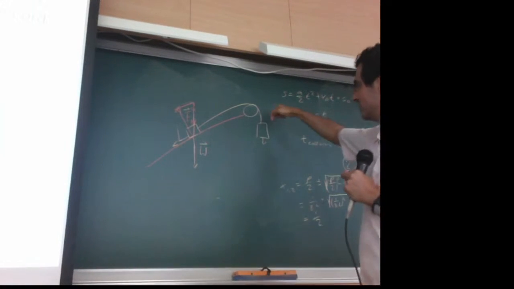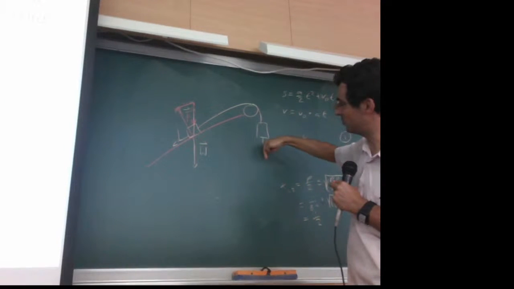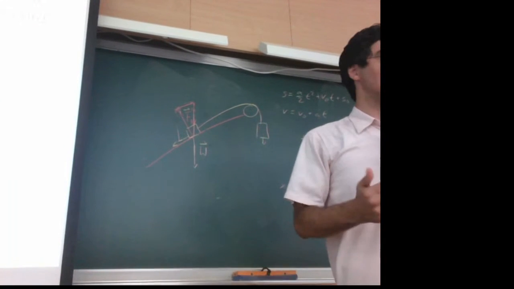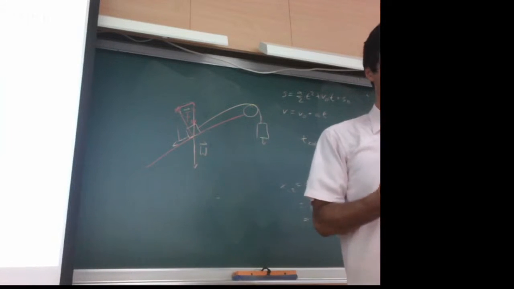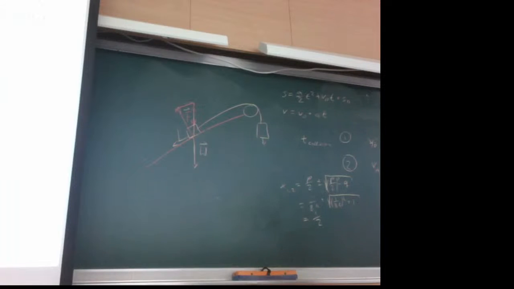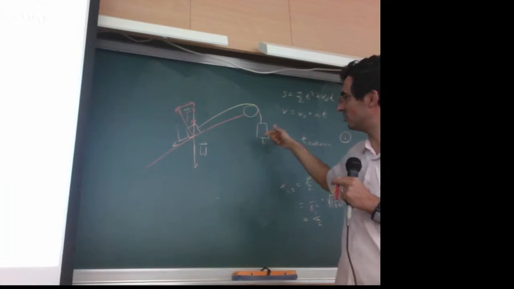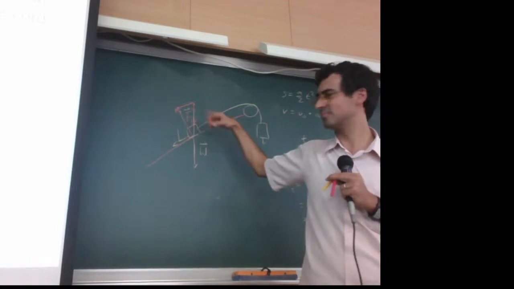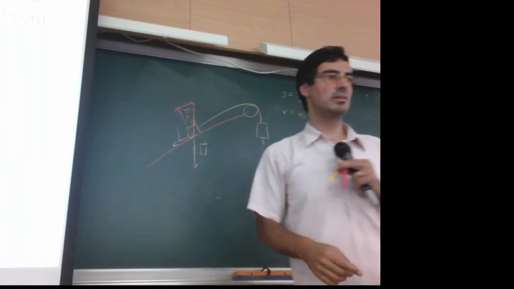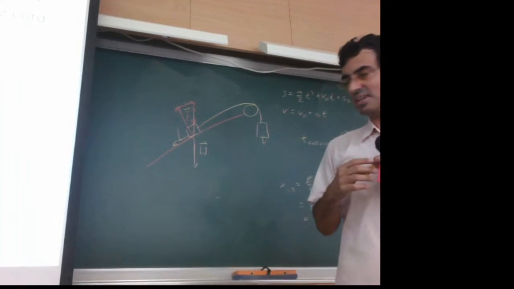So now, if this one is heavier, it will go down this way. If this one is heavier, it will go down that way. So we want to find out which one goes up, which one goes down. This is a complicated system because now we have to take this y motion, but it's coupled to that weird motion under an angle. So that's why we're introducing tension.